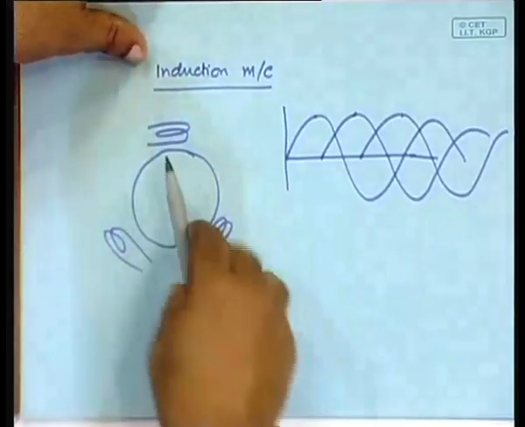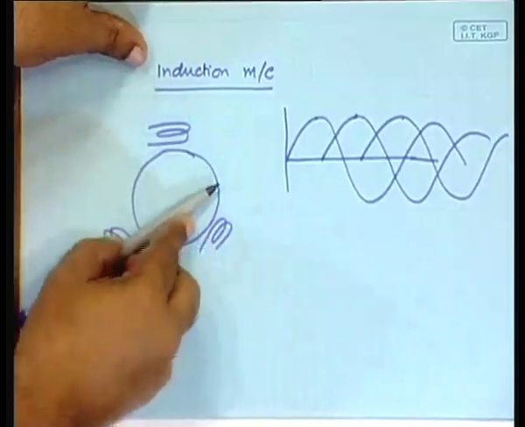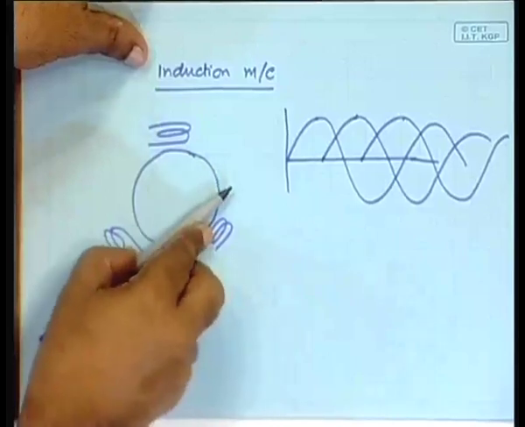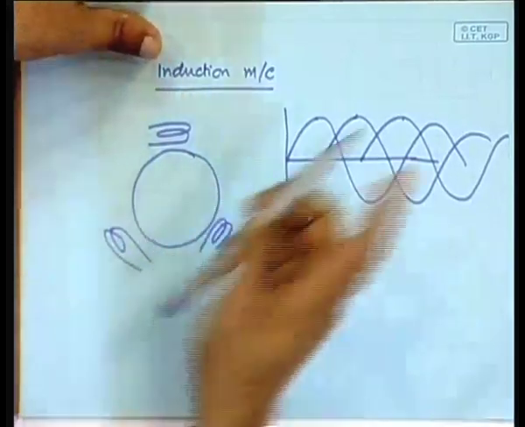So, there will be a magnetic field that will go rotating like this at a speed 120 f by p.